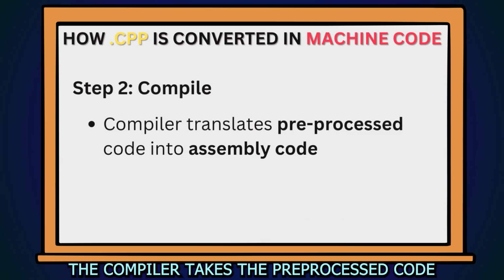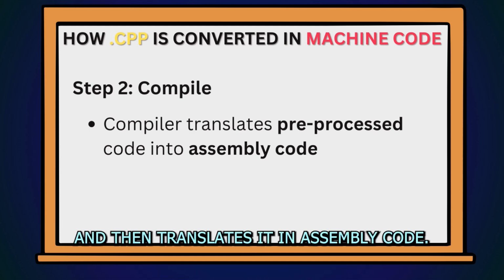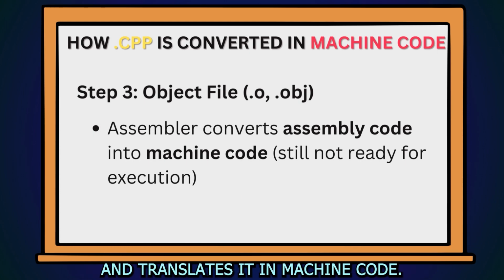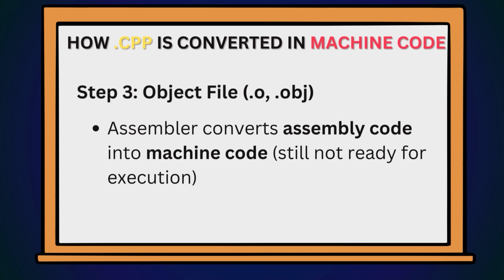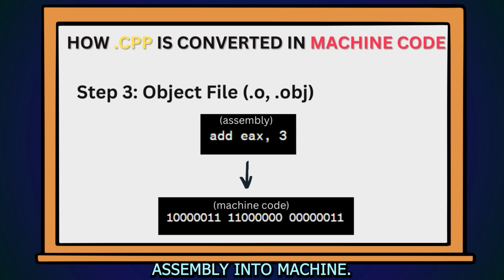The compiler takes the pre-processed code and translates it into assembly code. The assembler then takes this assembly code and translates it into machine code. You can see an example of converting assembly into machine code.